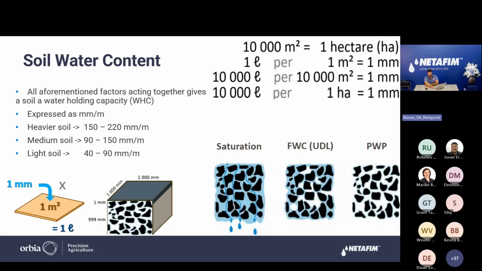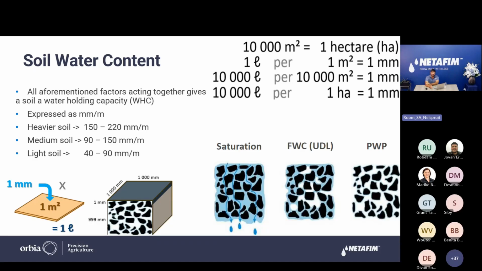So if it rains 50 mils outside, you can do some calculations and see how much water actually falls. And then you can imagine how much of that water actually goes into your soil for your specific root zone. Generally, we don't have root zones that are 1 meter deep.